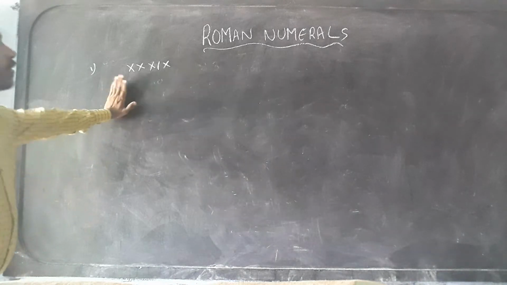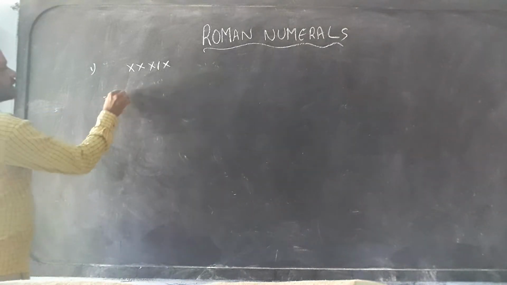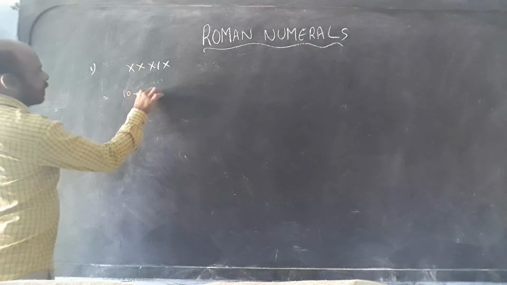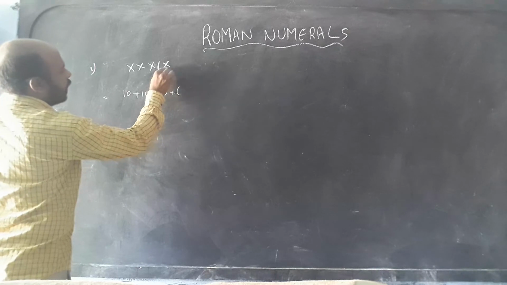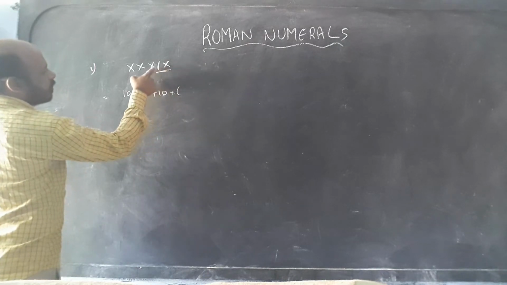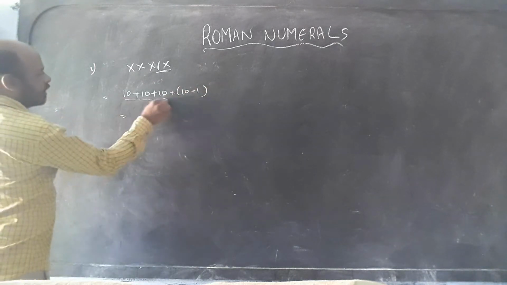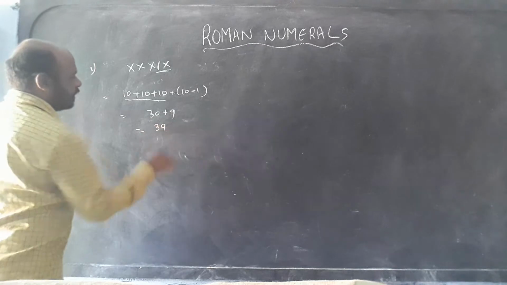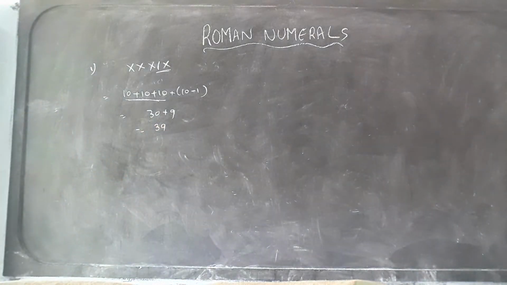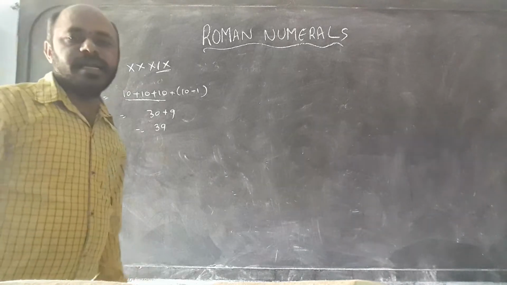This is a Roman numeral given. How to write the Hindu-Arabic numerals? See children, 10 plus 10 plus 10, which is 30. Then X with a bigger value on its right side means 10 minus 1. So this is 30 plus 9, it becomes 39. The Roman numeral XXXIX is 39.